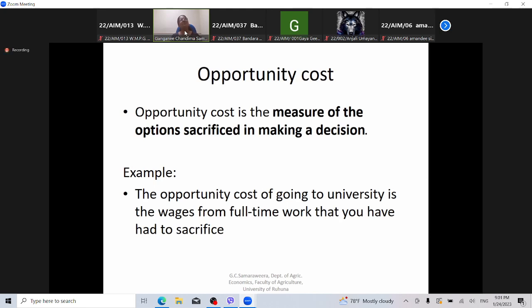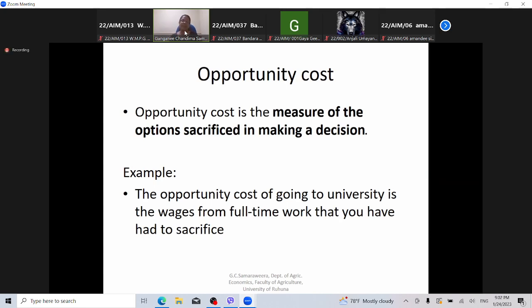These days, how much are labor wages normally per day? Labor wages are around 3,000, I think, these days, with the economic crisis. So let's say 3,000. Let's say one student is staying 4 years in a university. Instead, he would have done full-time work at 3,000 per day.